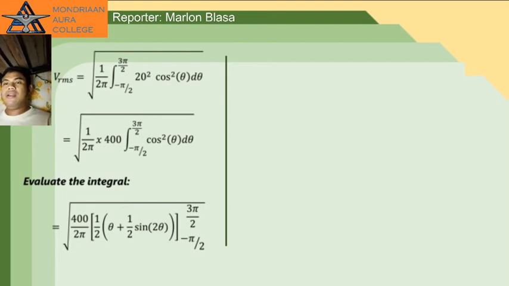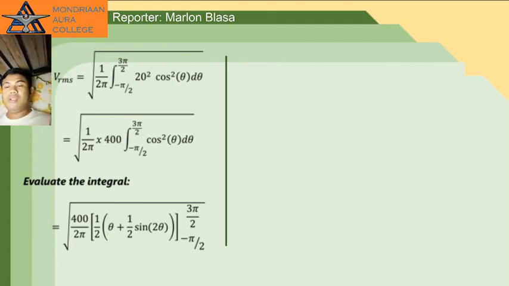So, next, magkakaroon tayo ng square root of 400 over 2 pi times the integral of negative pi over 2 to 3 pi over 2 cosine squared theta d theta. Ngayon, evaluate naman natin yung integral nung cosine squared theta. Integral ng cosine squared theta is 1/2 times theta plus 1/2 sine 2 theta.